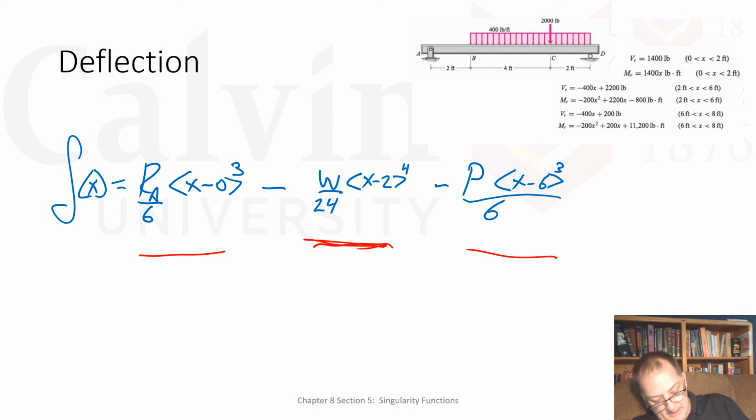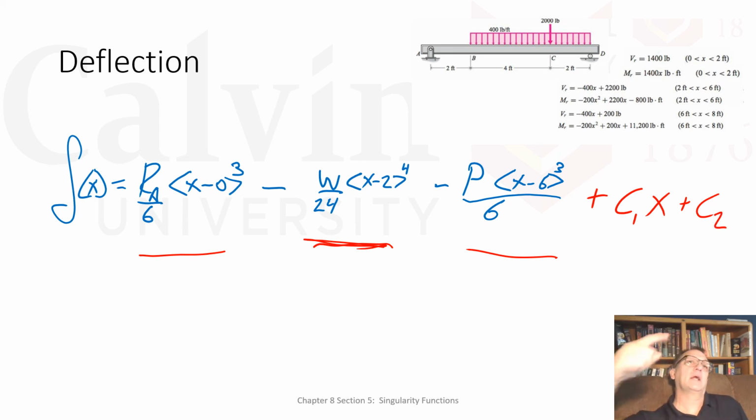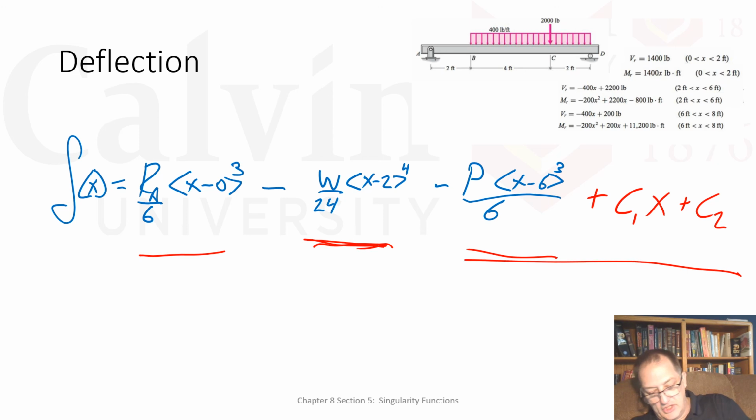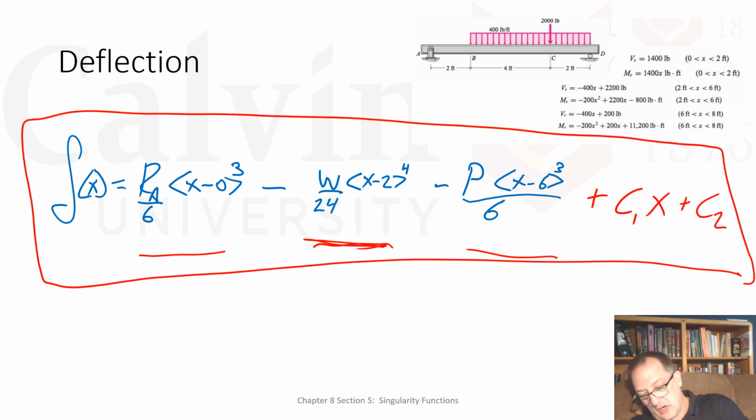What I should have put on here was C1x plus C2, because those are the constants that I get when I integrate. But my equations are always going to look like that. And these are the way that my terms are going to show up every time. A force, that's a force. This is a distributed load.